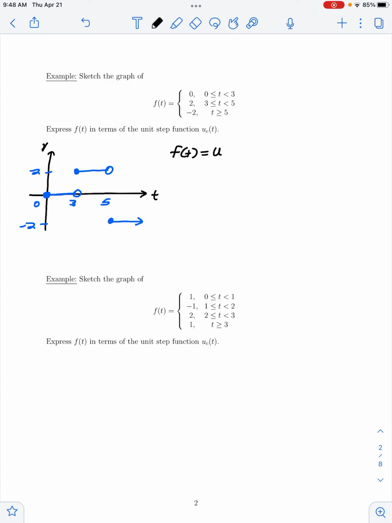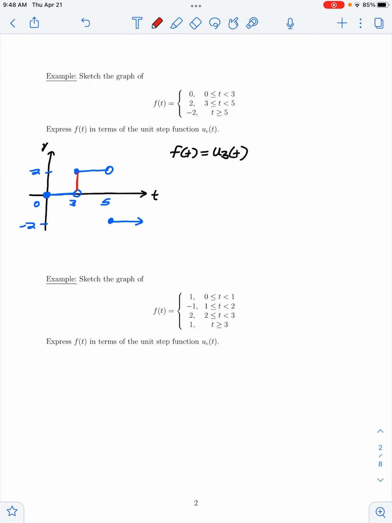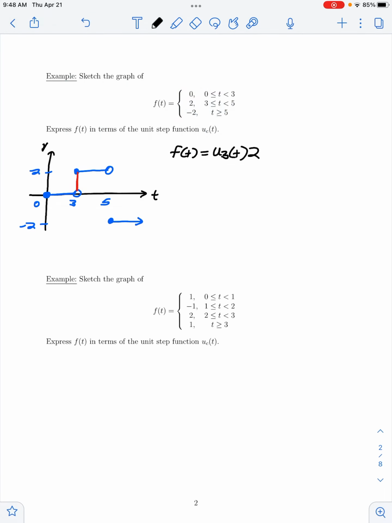So to indicate that jump or that step, I'm going to take a unit function at the time where the jump occurs, time 3, and multiply by the value that I want my function to take. Here we had a jump upward from 0 to 2. So I would multiply by 2.